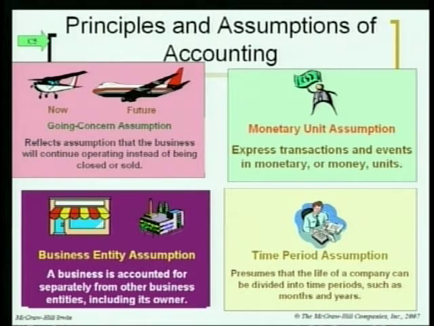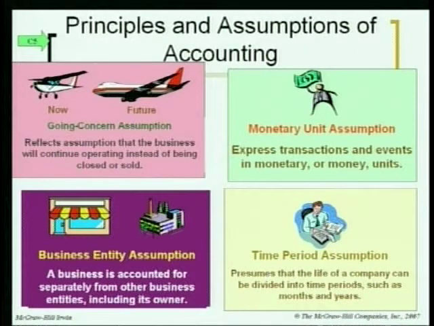If they felt like it was going to be closed down or sold or go bankrupt, you have to disclose that in the financial statement notes. So when you look at financial statements, you can assume that company is going to continue operating, if it's not stated otherwise. Okay?